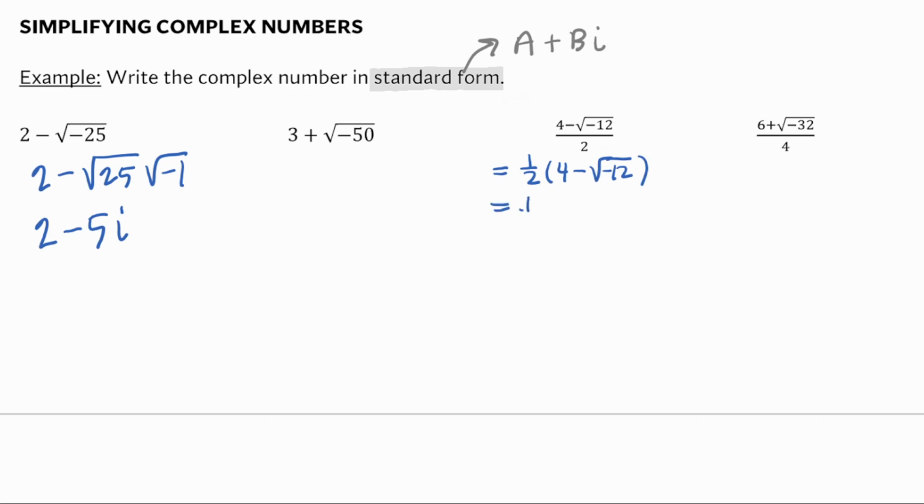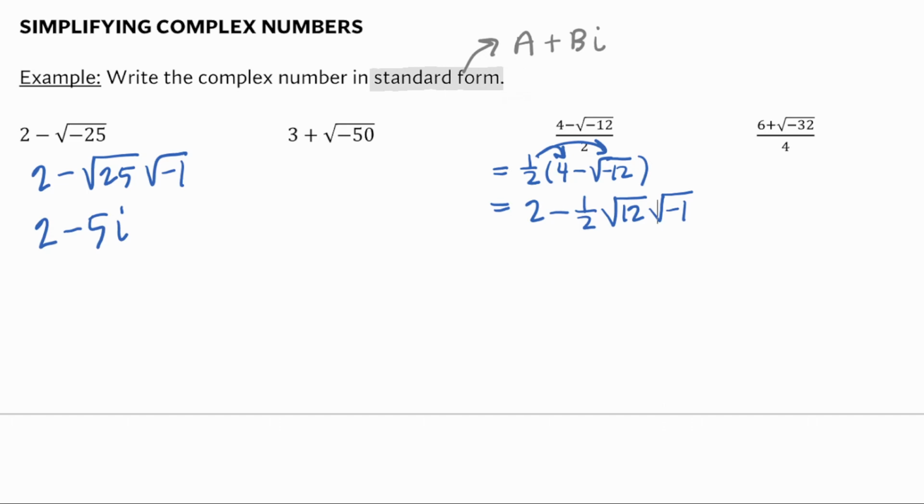And half of 4 is going to be 2, if I was to distribute that, minus just half of the square root. But I might call that the square root of 12 times the square root of negative 1. And then I'm realizing, if I'm going for really simplified radical form, I should get at that 12 because I know that 4 divides 12.